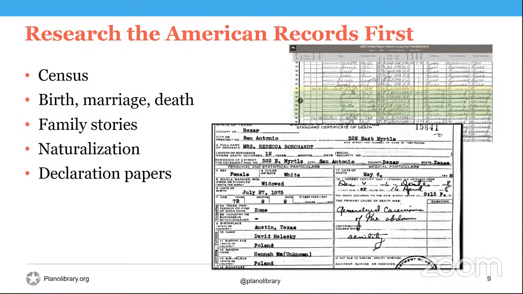I know that I had somebody come in one time, and this is why I really stress this. Well, I know he arrived in 1841, and so I only need to look in the immigrant records or passenger lists for 1841.